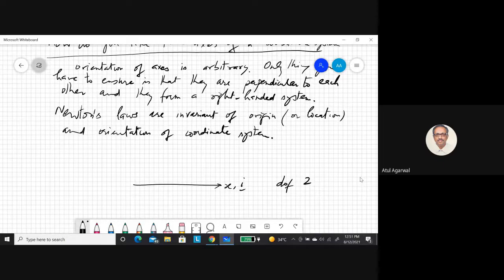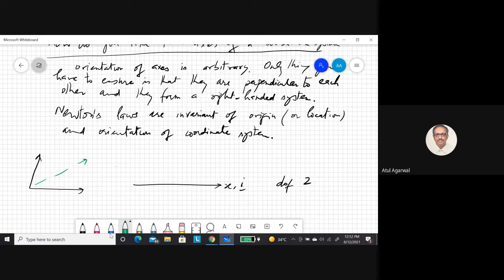Suppose I define a lab system, and now I define another coordinate system. Now this is any line in space, anywhere, with any orientation.